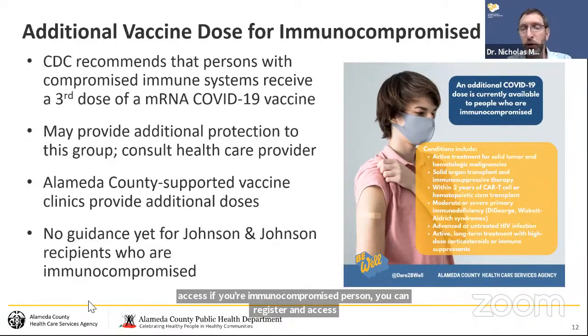It's a self-attestation process. You do not need a doctor's note to do that. We do encourage people to check with their healthcare provider if they're not sure, if they have a healthcare provider. So that's additional doses for immune compromised people.